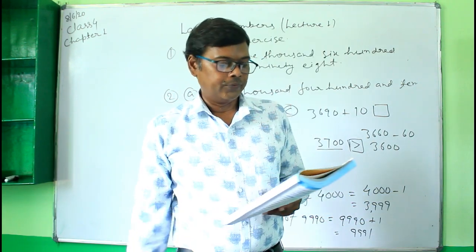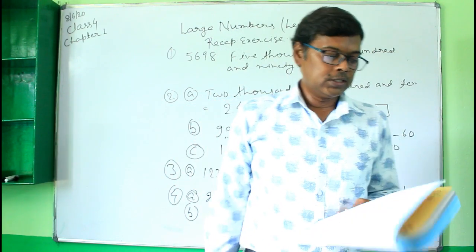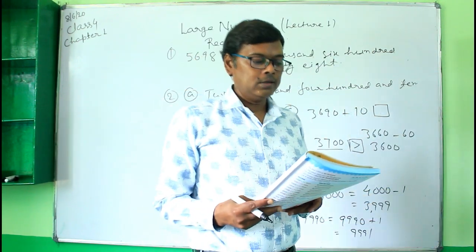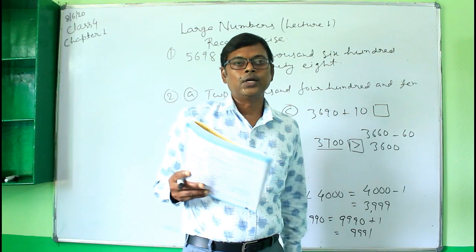Now question number 5. Using the digits 6, 1, 3 and 9, form the greatest number and the smallest number.